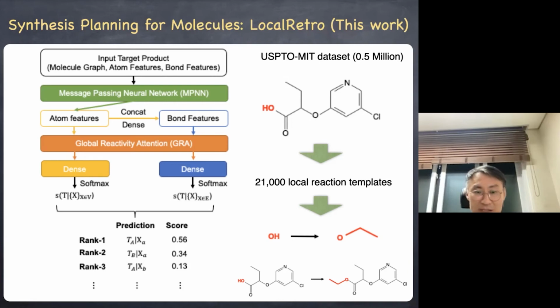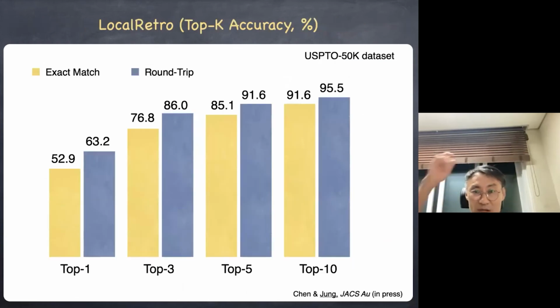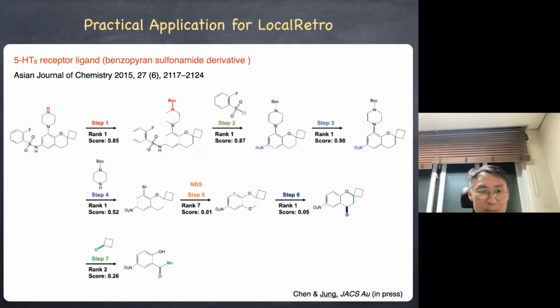And so you have this ranking system, and the scores give you the reactions with different priority. And we get about 85 to 92% top-5 accuracy. This means that about 90% of the time, the correct reaction pathway will be within the rank 5 predictions. And for example, this is a compound.